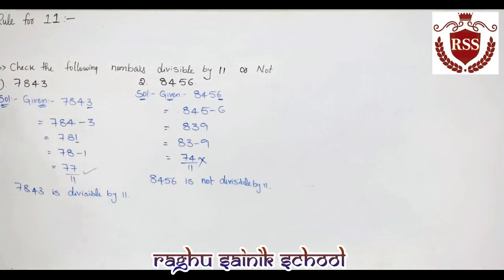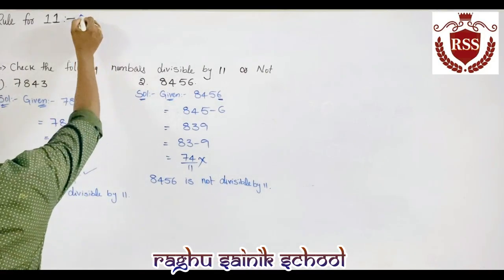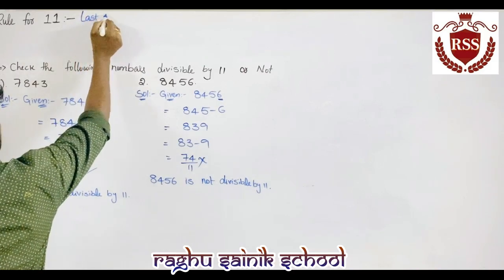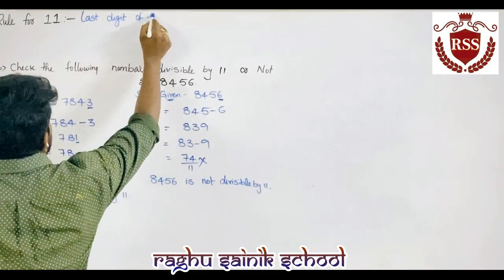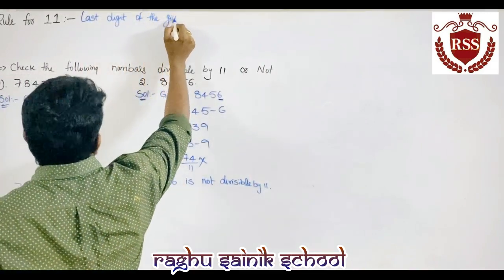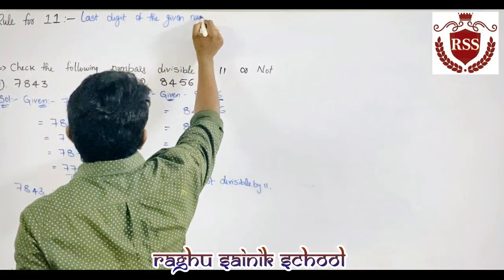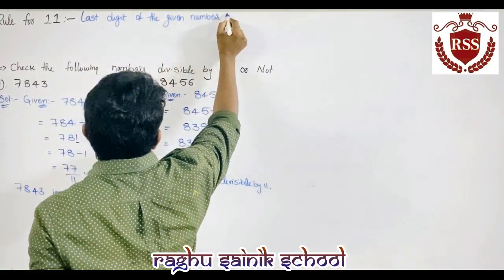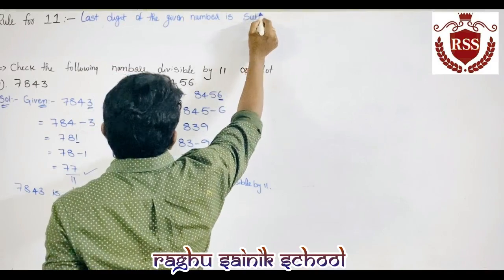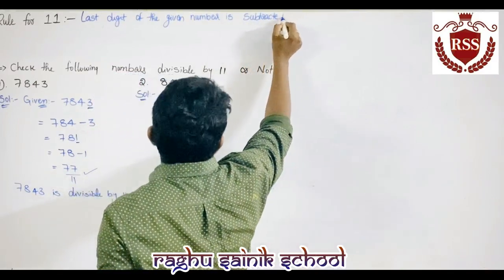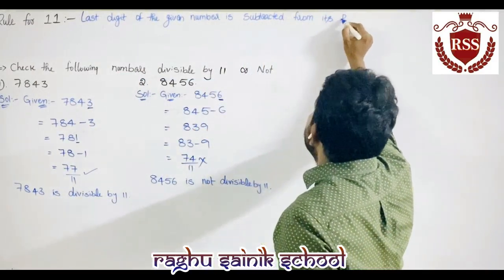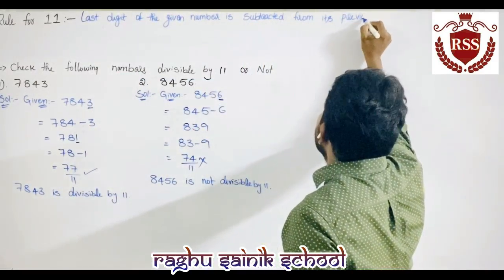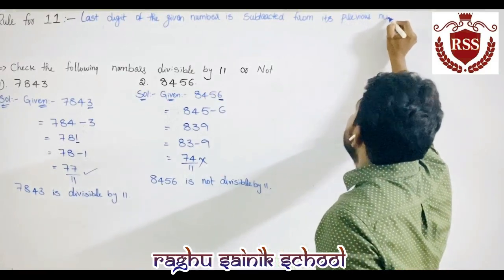Let's see the divisibility rule of 11. The last digit of the given number is subtracted from its previous numbers.